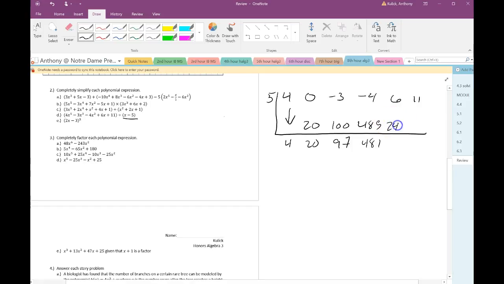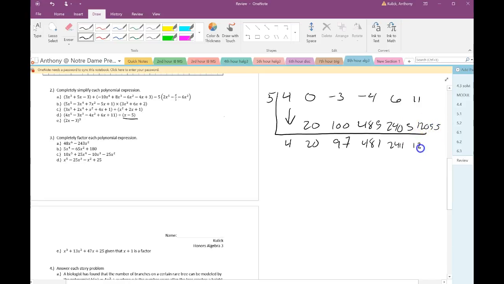It's 2005. And I add the 6 to that, and I'm going to get 2411. 5 times 2411 gives me 12,055.